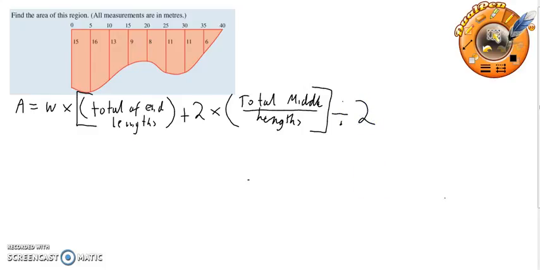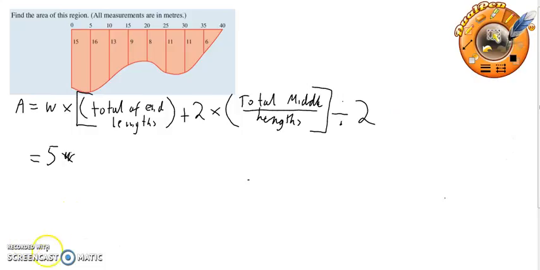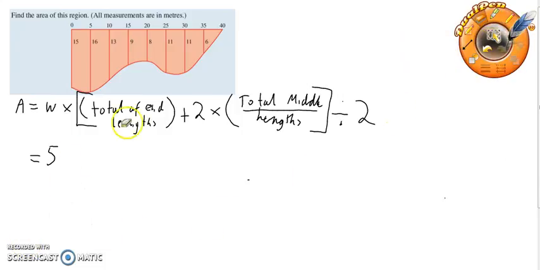So when we look at this question, we can see it goes 0, 5, 10, 15, 20. So it's going up in 5, so our width is 5. What's easier to do with these questions is to actually list everything we know.